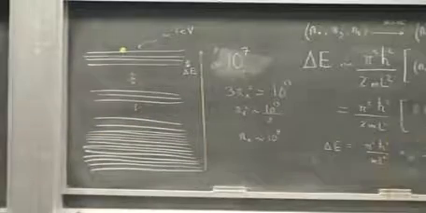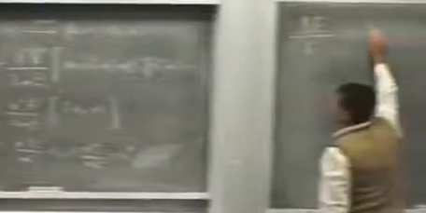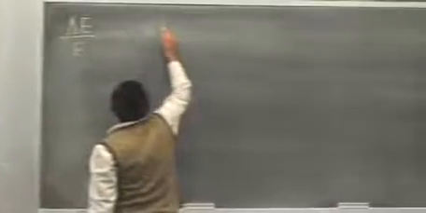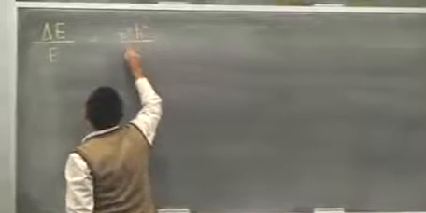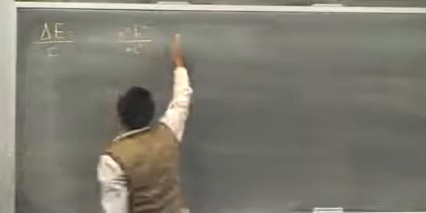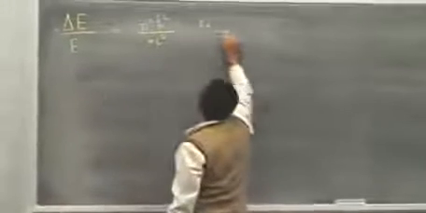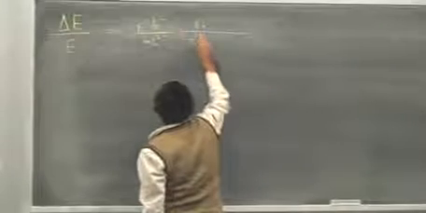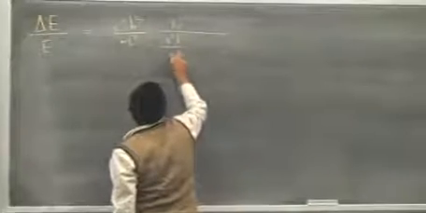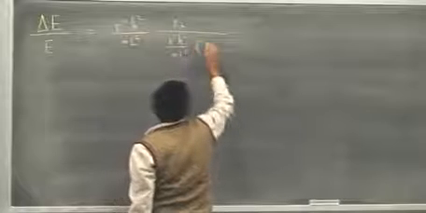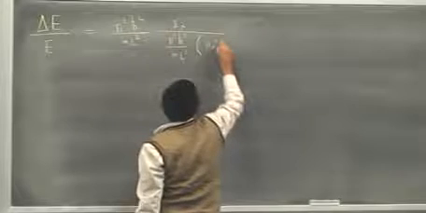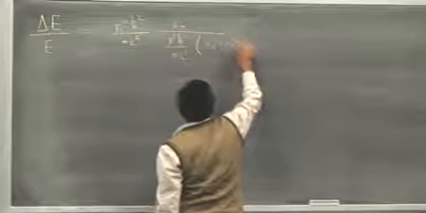So this delta E will be equal to pi squared h bar squared over m l squared times nx. And what is E? E is simply pi squared h bar squared over m l squared times nx squared plus ny squared plus nz squared.